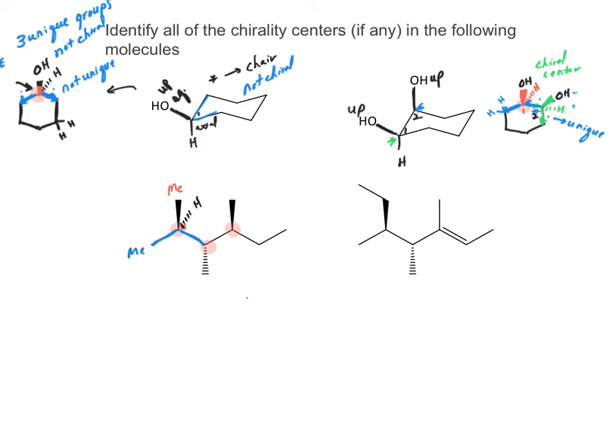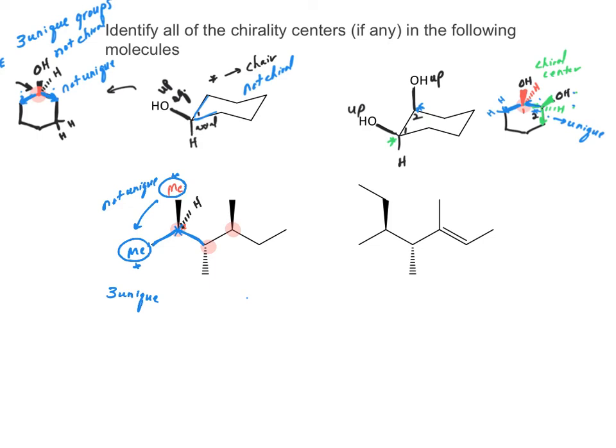We have a methyl group, right? So note that we've got a methyl, we've got a methyl. These are not unique. So for this center, it's tempting to say that's a chiral center because they give you the wedge. But because this is a methyl and this is a methyl, this only has 3 unique groups, so this is not a chiral center.